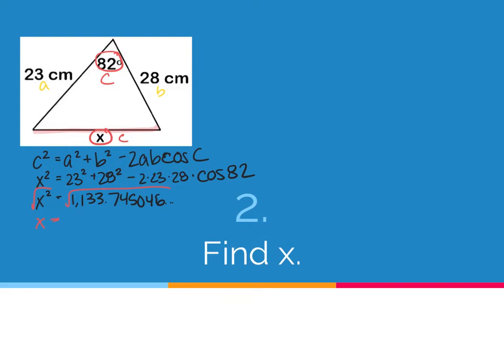Or you could go ahead and type in 1,133.745046 because you want to get the most exact answer. So x is going to equal 33.67113075, and we're going to round to the nearest tenth. X equals just about 33.7 centimeters.